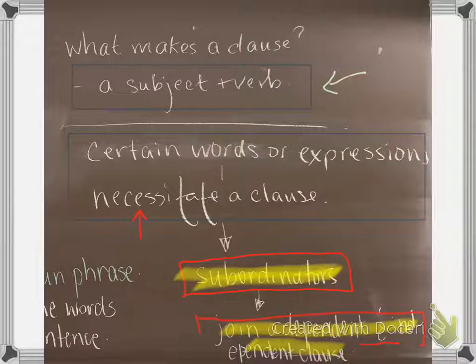So when we're thinking about this kind of language in English, we need to think about what is the meaning and what is the function of the word. Okay, and the function of the word is going to give us some clues on sentence grammar. And sentence grammar leads us back up to here. Okay, we know that when we have a subordinator, we need to have a subject and a verb that comes next. Okay, so this is important as we go into what's happening when we reduce clauses.